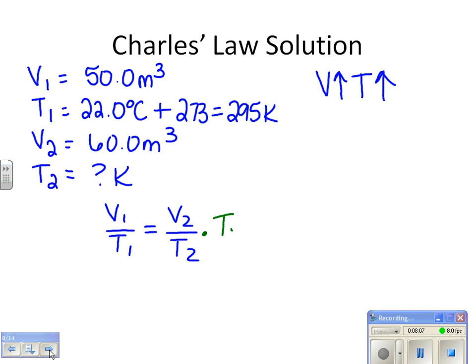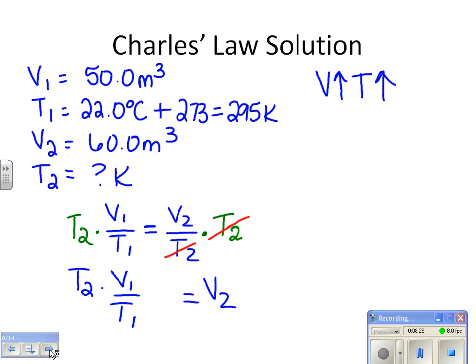I'm going to multiply both sides of the equation by T2. T2 on the right will cancel. Then we have this equation. And we now have to multiply by the reciprocal of the fraction to get T2 alone on the left.